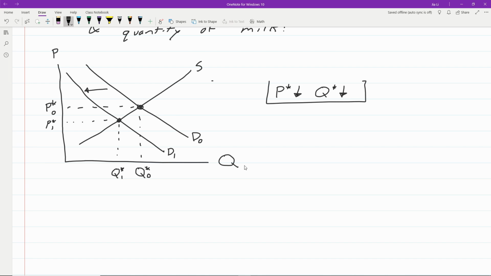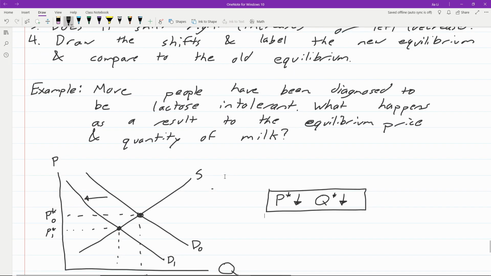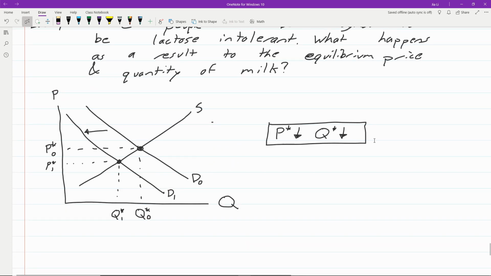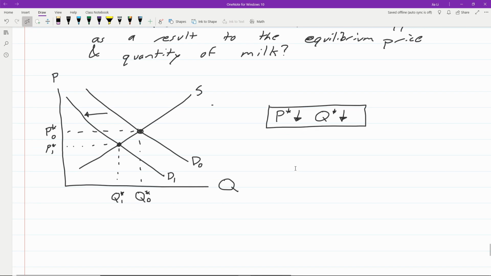So this is then my answer for the question of what happens to the equilibrium price and quantity of milk when more people are diagnosed as lactose intolerant. This is what happens. This is the most logical answer.